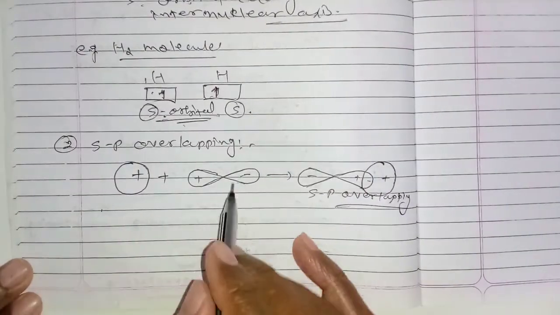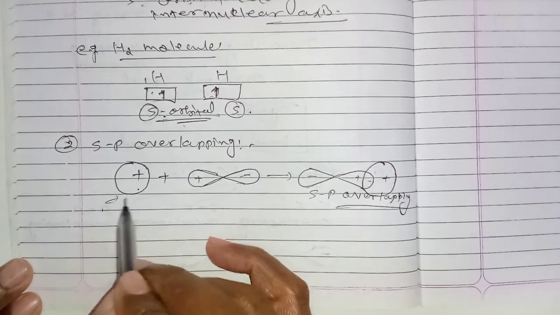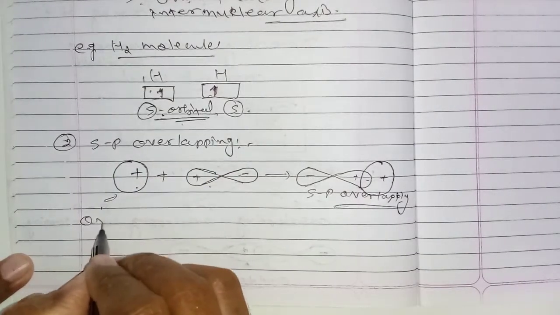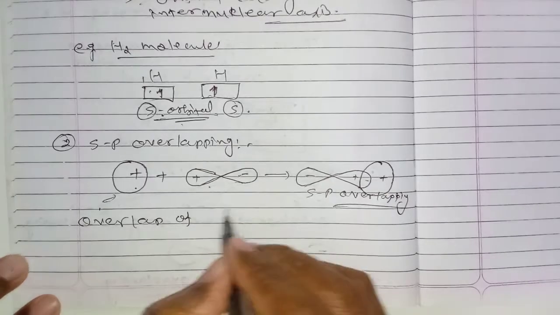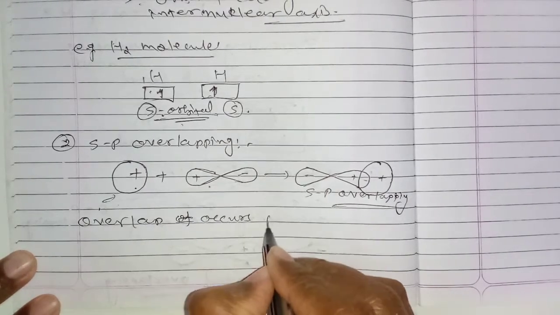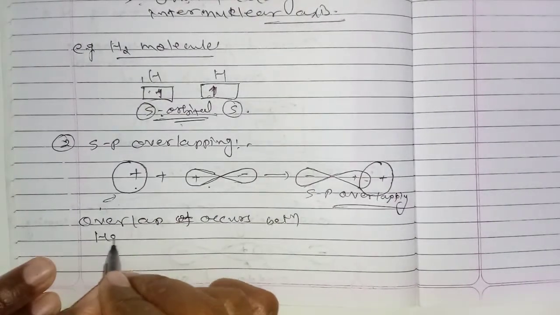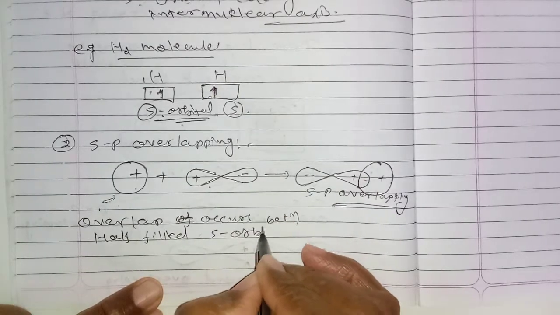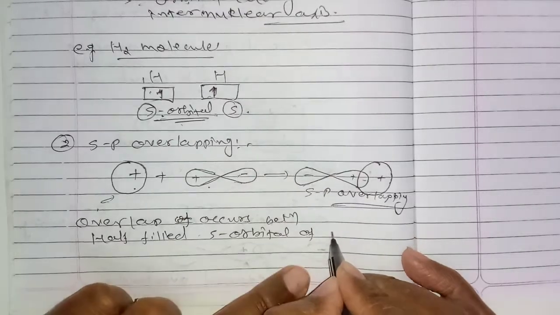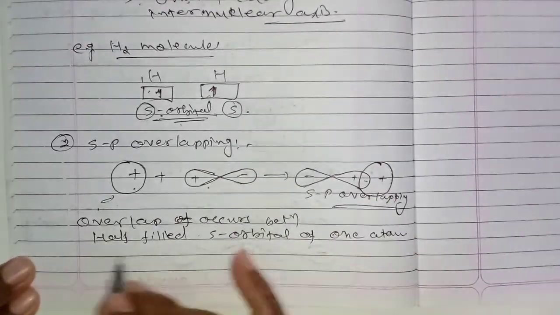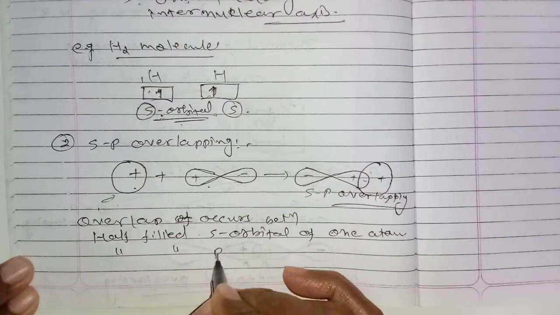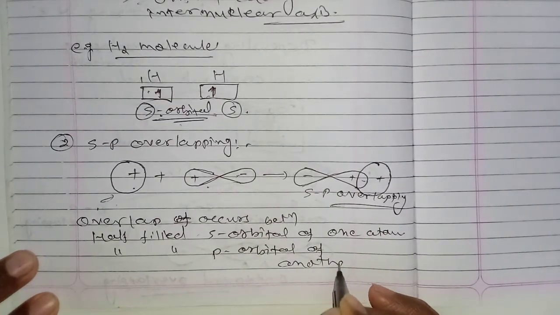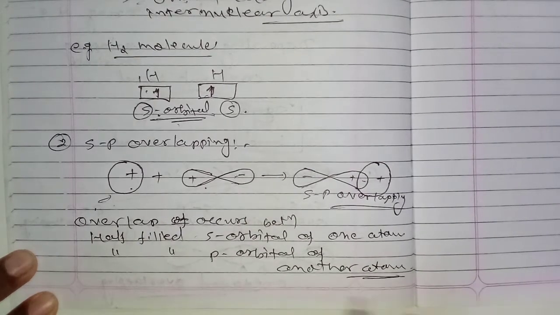This overlap occurs between a half-filled s orbital of one atom and a half-filled p orbital of another atom.